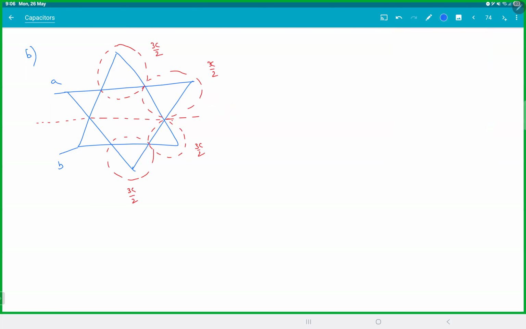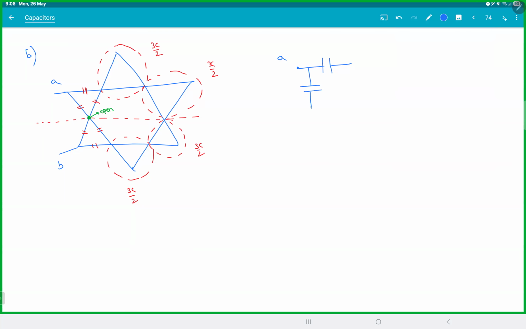Then I can remove this for the sake of removing. I can remove this thing. So we have A here, then we have one capacitor here. That is this capacitor. So we have 6 capacitors there.